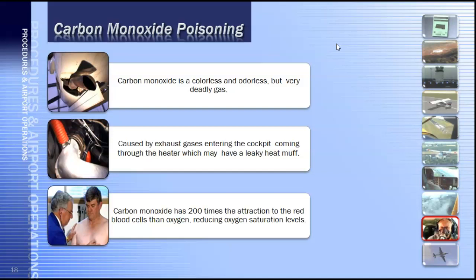So if there's a leak in the exhaust system, that can result in carbon monoxide gases entering the cockpit. Carbon monoxide gas is 200 times more attractive to red blood cells than oxygen, so it reduces oxygen saturation levels.